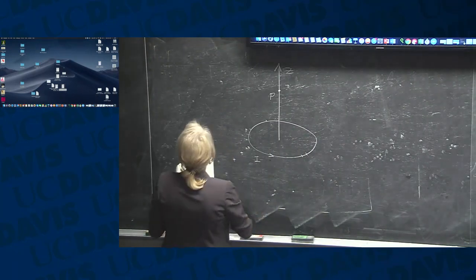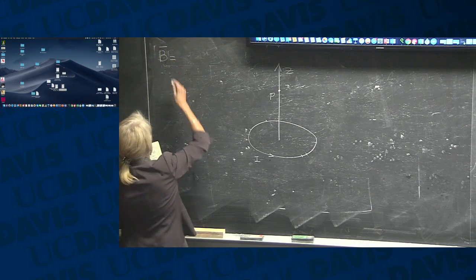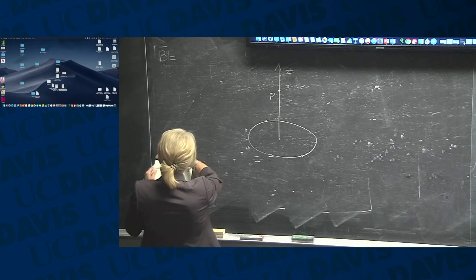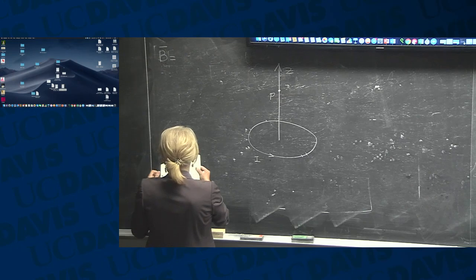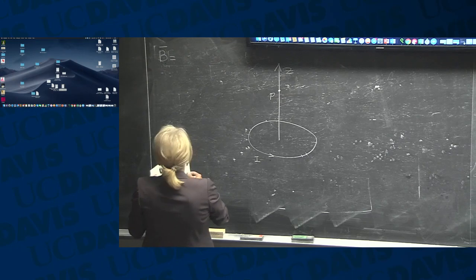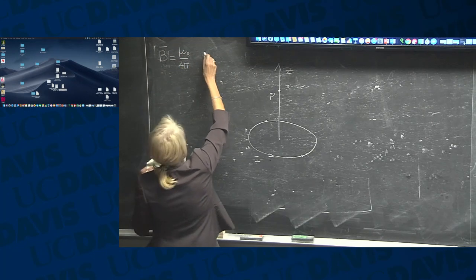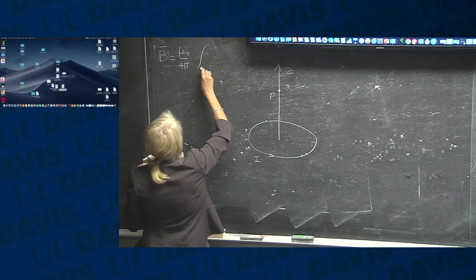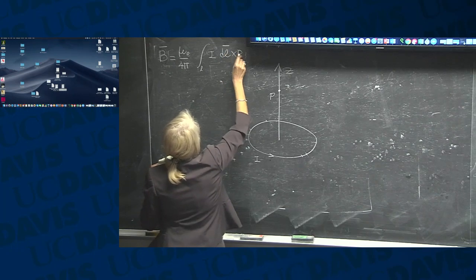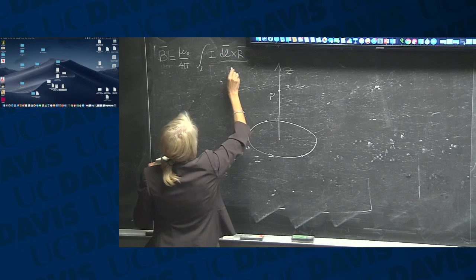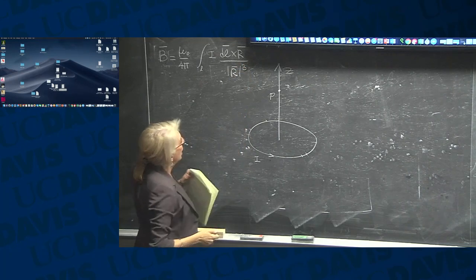All right, so according to Biot-Savart, remember here we said that B equals mu naught over 4 pi, integral over the path L, I dl cross R, over the magnitude of R to the third power.